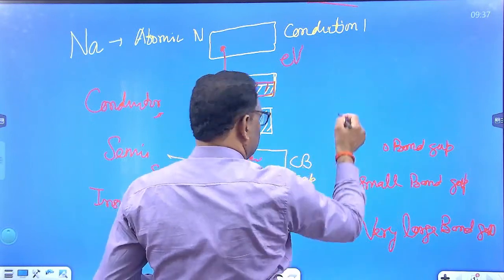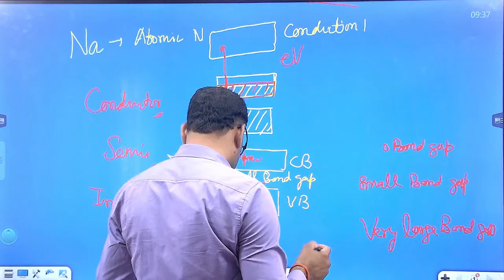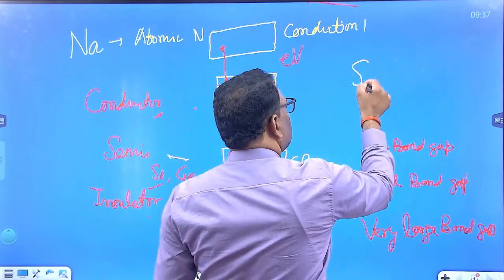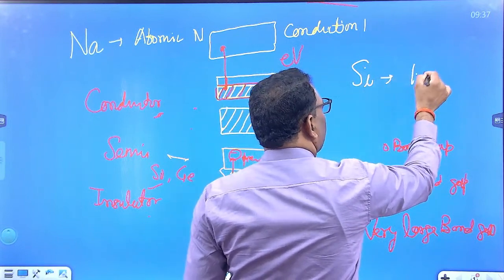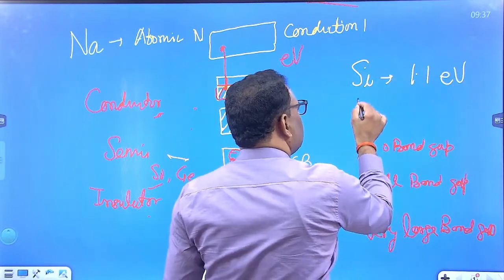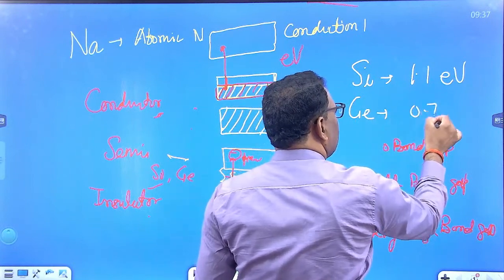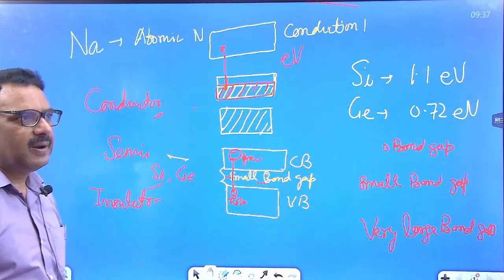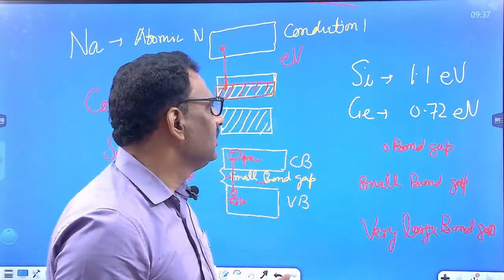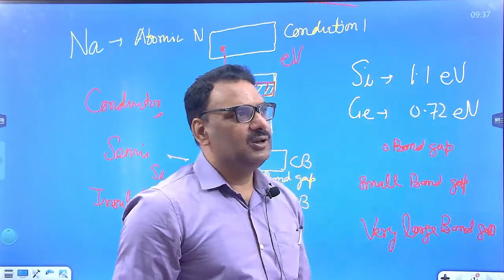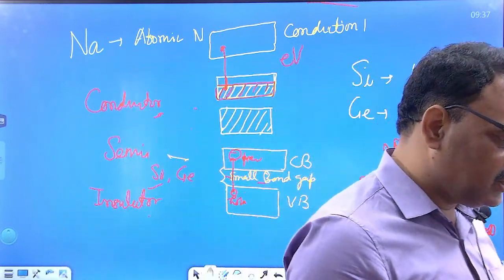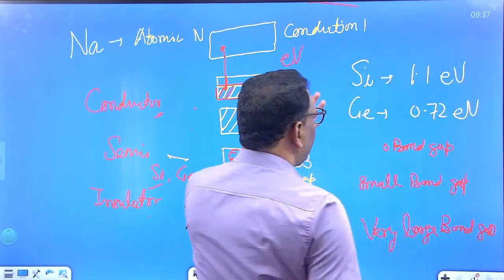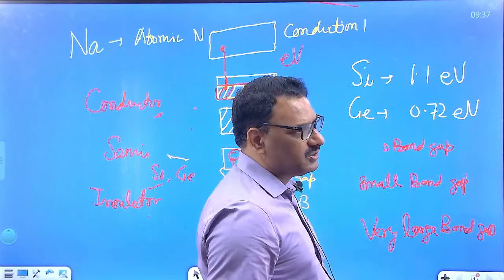Silicon has band gap 1.1 electron volt, and germanium has band gap 0.72 electron volt. Means if you apply outside energy of 1.1 electron volt, the electrons available in the valence band become free, and similarly for germanium this is 0.7.